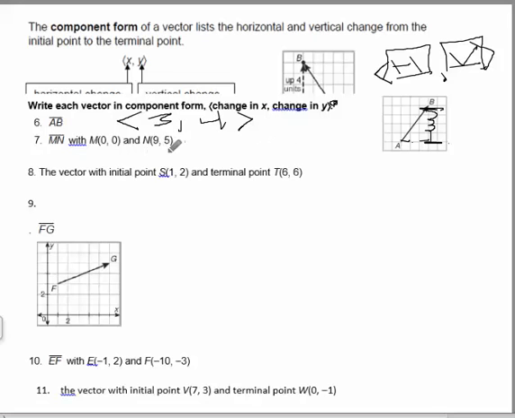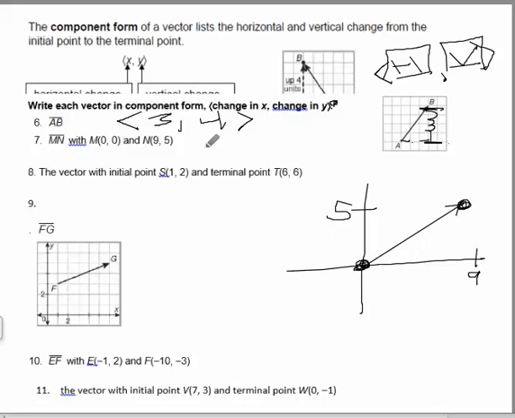For number 7, they don't have a graph, but we can see that it would start at 0, 0. That's the initial point, and the terminal point is at 9 over and up 5. So the vector goes from 0, 0 to 9, 5, and then you have to write that in component form.